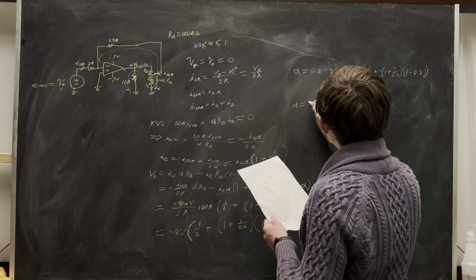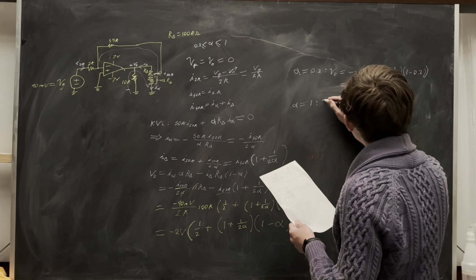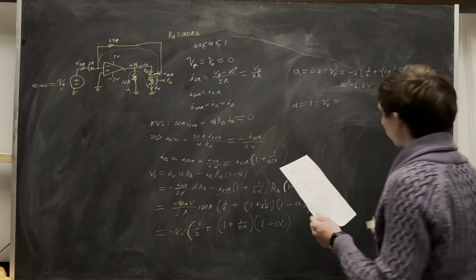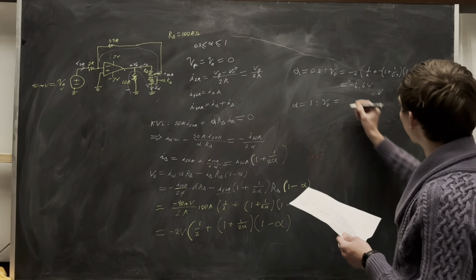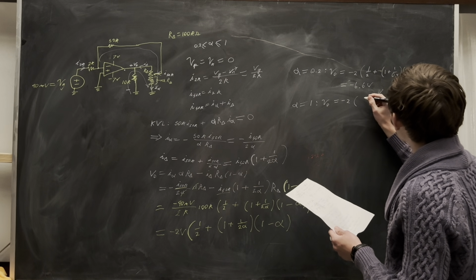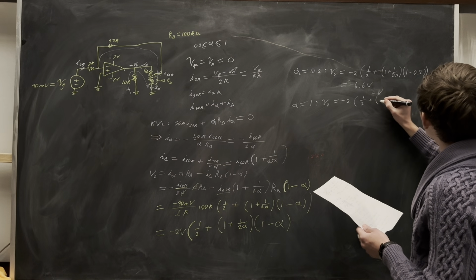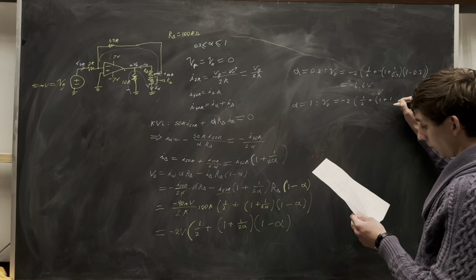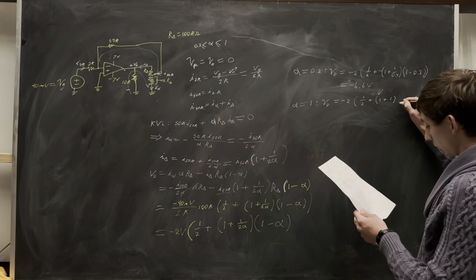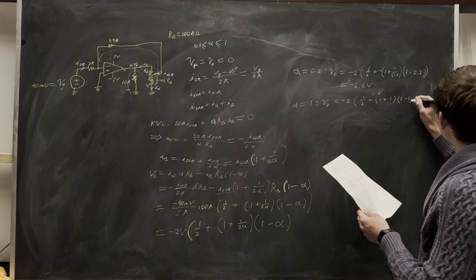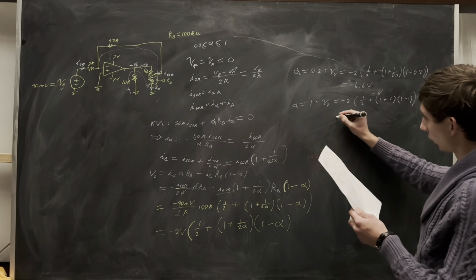And for alpha equals 1, V out is minus 2 times 1/2 plus 1 plus 1 times 1 minus 1, it's just minus 1.